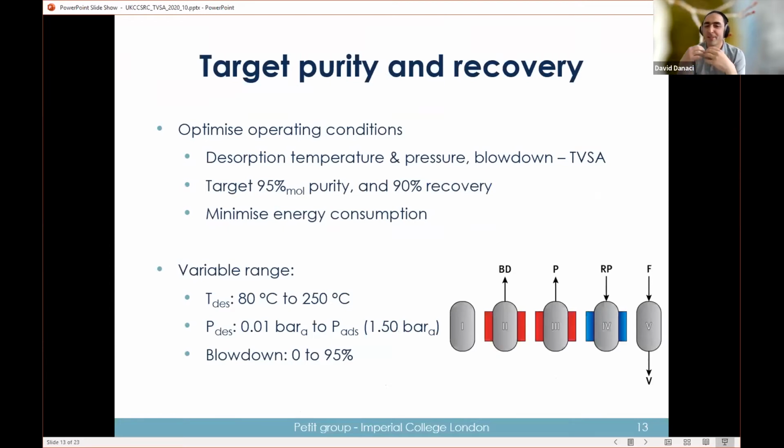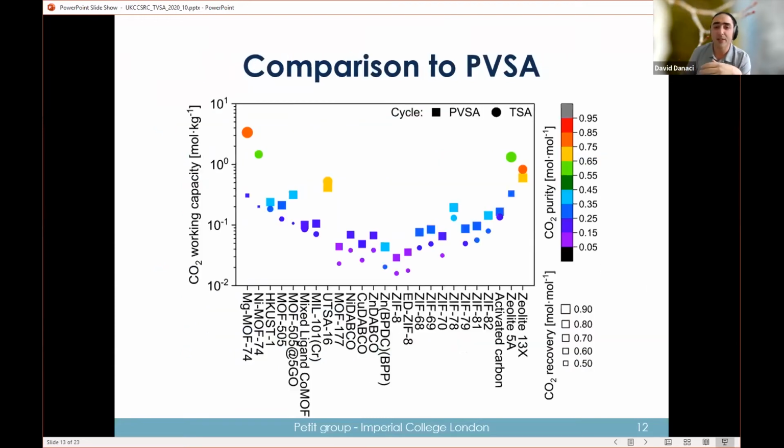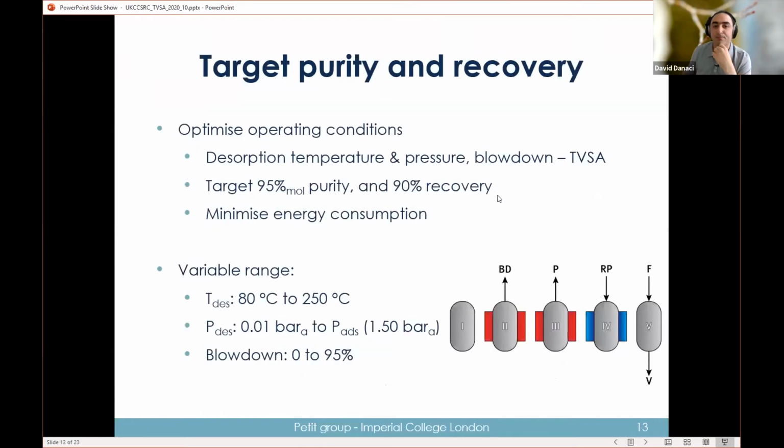So now the question is, what if we want to target a particular purity and recovery? Because in the plots earlier, these were just whatever the resulting purity and recovery was. The US DOE set their lovely target of 95% purity and 90% recovery. So we're going to see if it's possible, under these conditions, to obtain those metrics for these adsorbents.